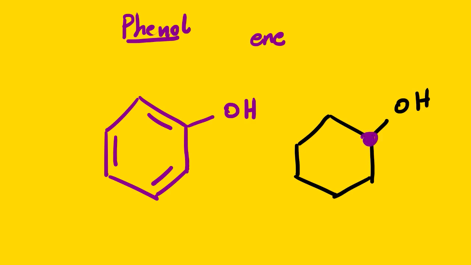You can see it is bonded to 2 other carbons. And remember that this is not a phenol. It is not a benzene. So is it a phenol or a secondary alcohol? In this case, this is a secondary alcohol.